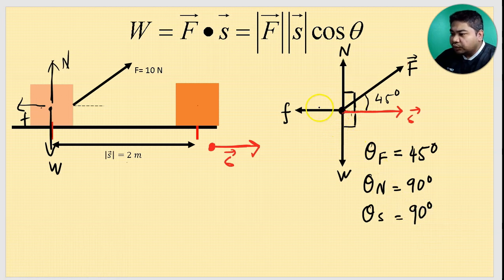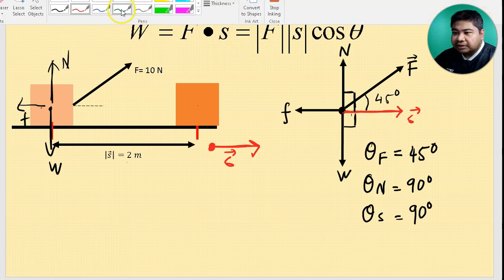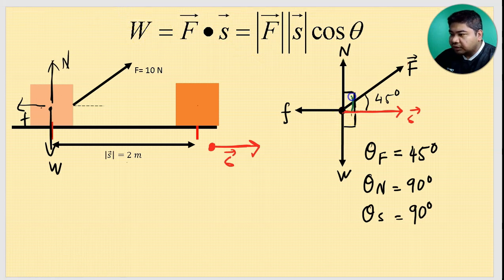And the angle between the friction and the displacement, because they are pointing in opposite directions, is 180 degrees. I'm going to use the green color. So from here to here is 180 degrees. So the angle of the friction vector to the displacement is 180 degrees.